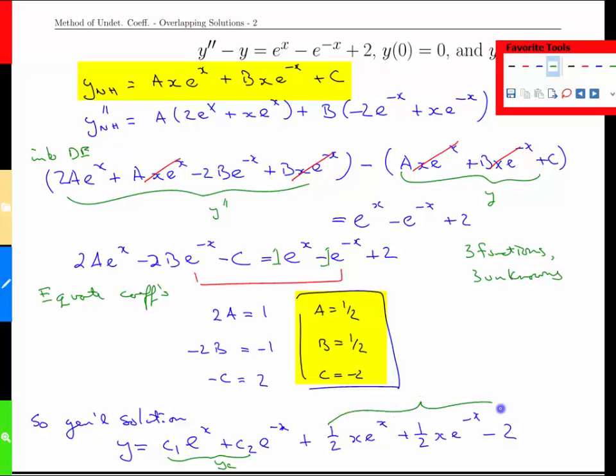This all together is our non-homogeneous part of the solution. And that would be our general solution.